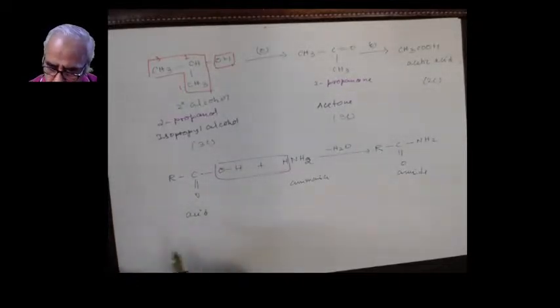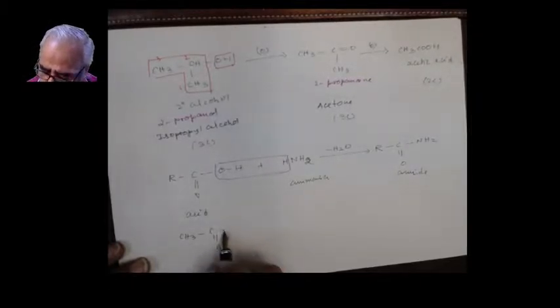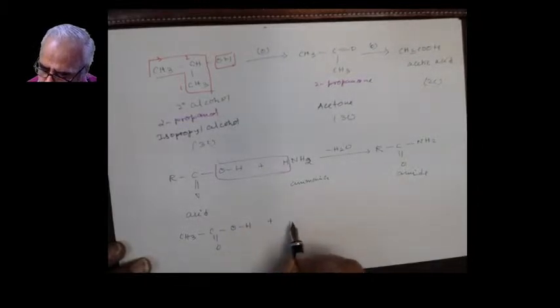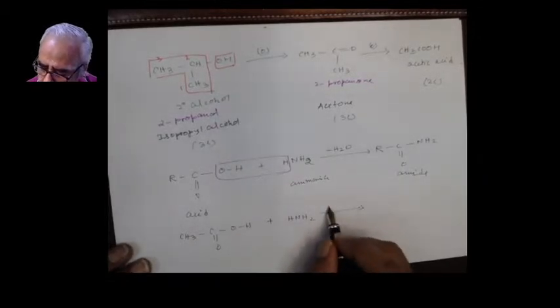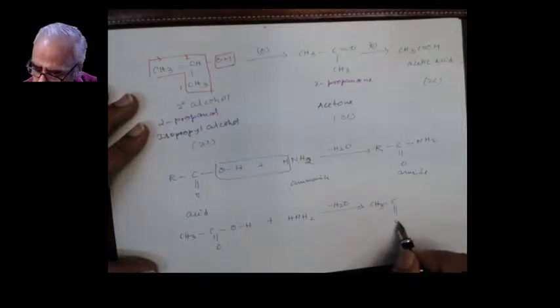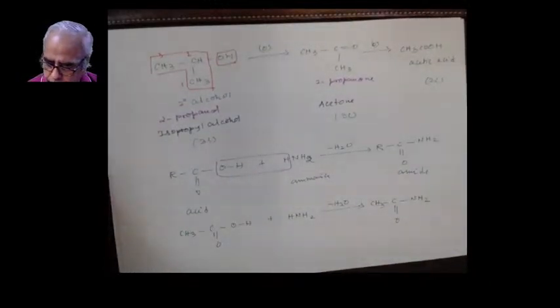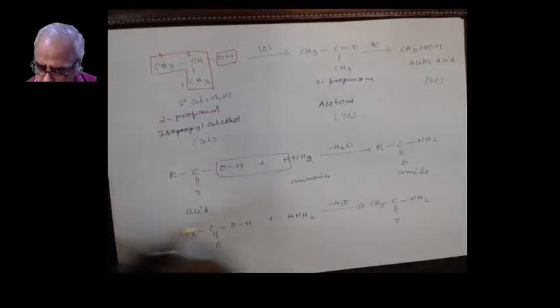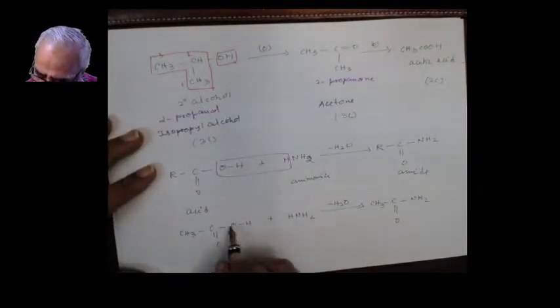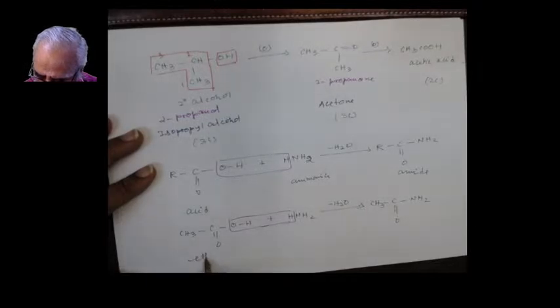Similarly, let me draw one structure, CH3 C double bond O OH plus ammonia NH2H. So what will you get? You are able to get CH3 C double bond O NH2. What do you call this compound? Anyone? This is acetic acid or ethanoic acid.